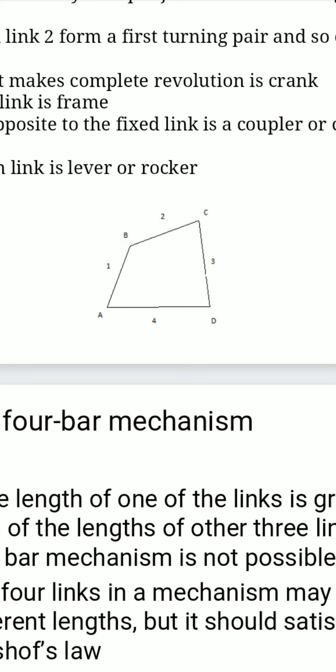In this four-bar chain, a link that makes a complete revolution is known as the crank. The fixed link is known as the frame, and the link opposite to the fixed link is known as a coupler or connecting rod.